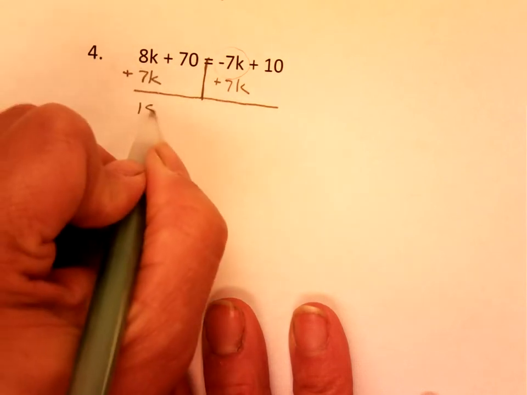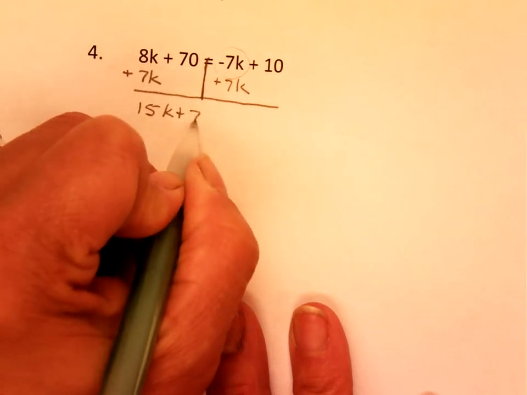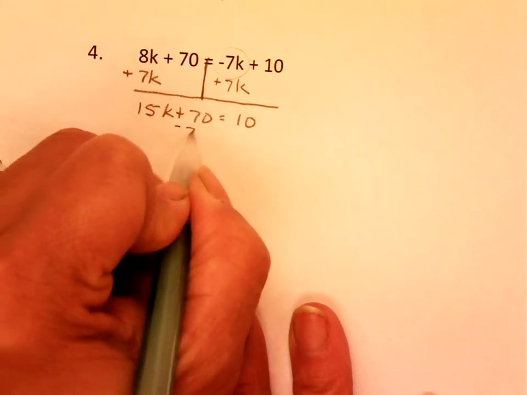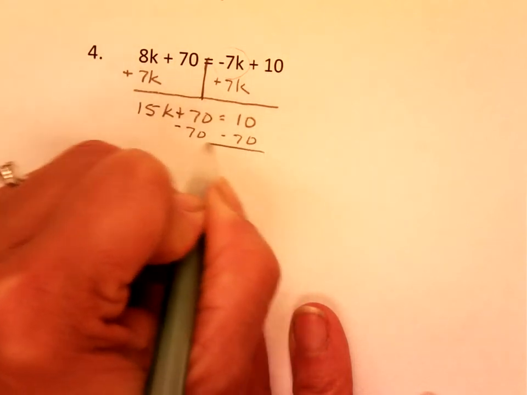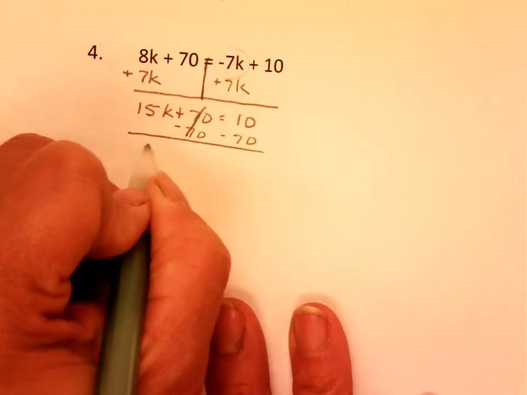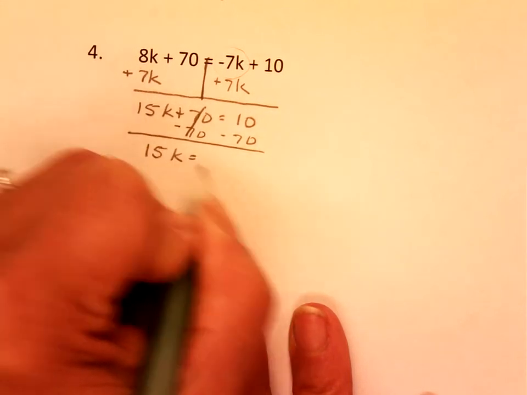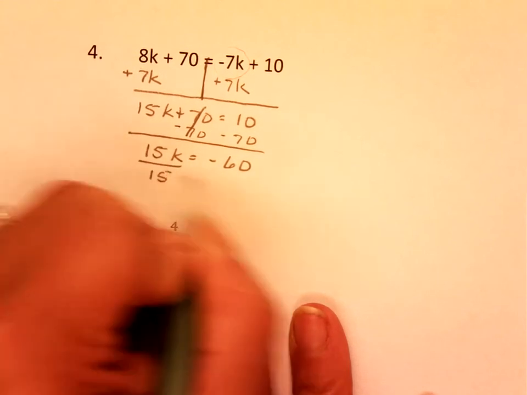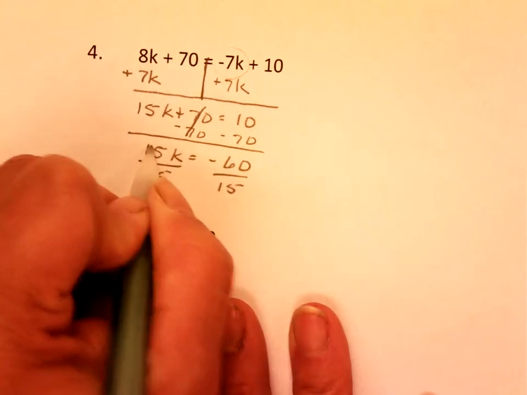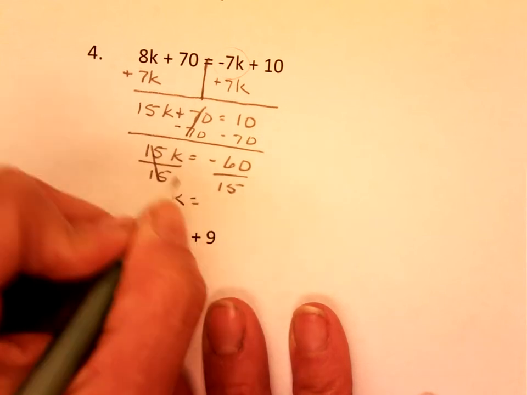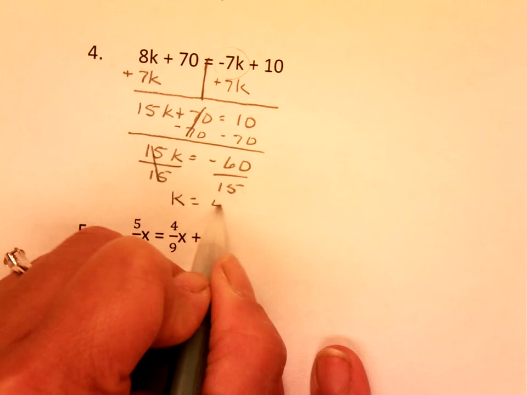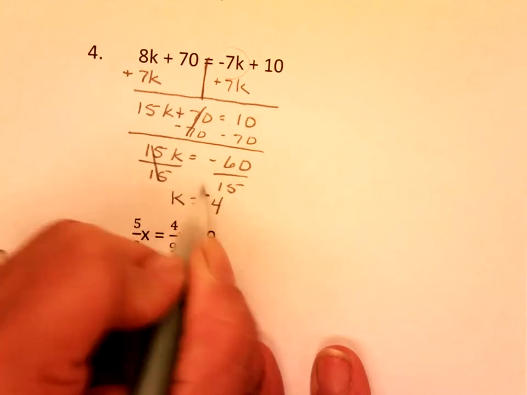So you're left with 15k plus 70 is equal to 10. Subtract 70 on both sides, and you're left with 15k is equal to negative 60. Divide by 15, and k is equal to, let's see, 4. And it's a negative 4 because you lose.